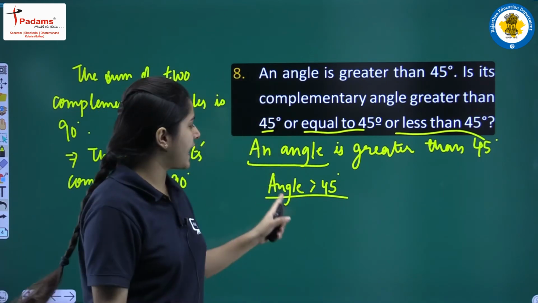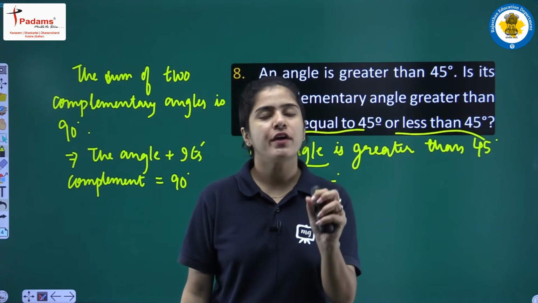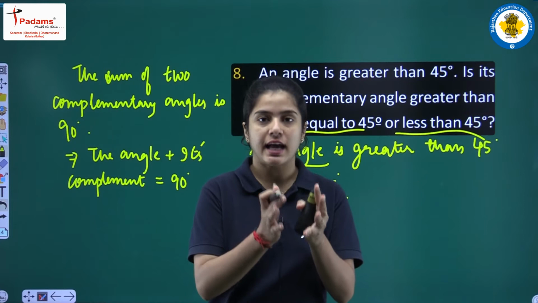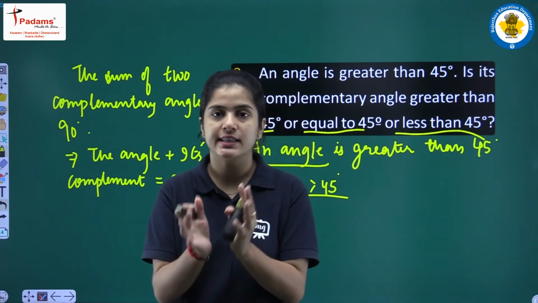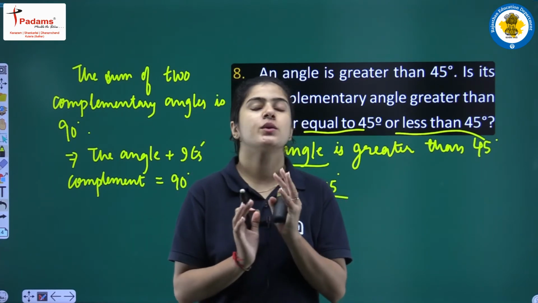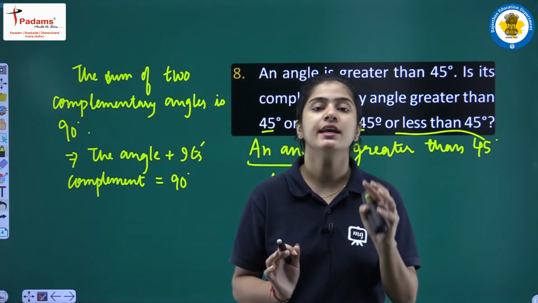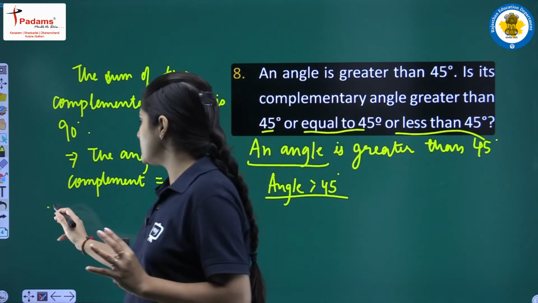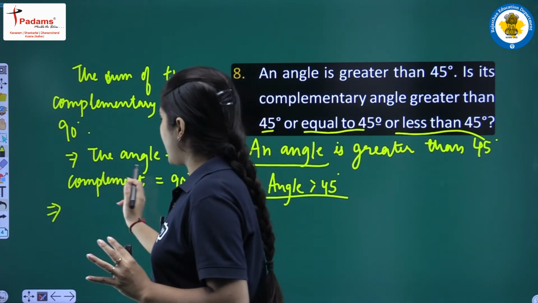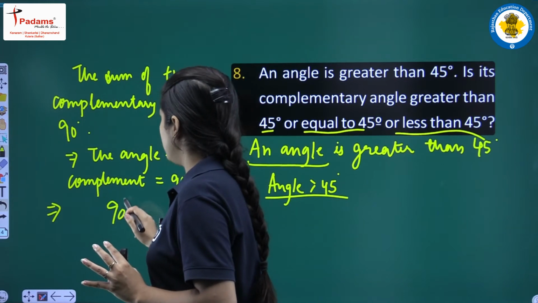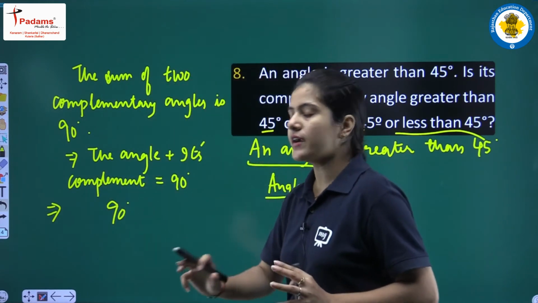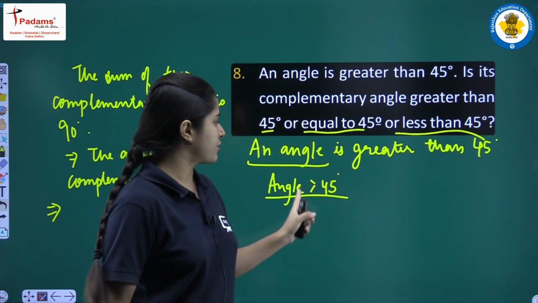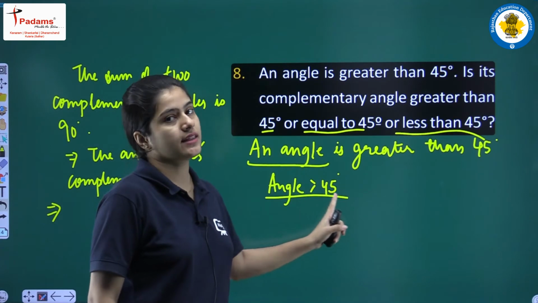Students, we are given that the angle is greater than 45 degrees. For example, if the angle is 46 degrees, then its complement will be 90 degrees minus 46 degrees, that will be 44 degrees, right? So it means that its complement will be less than 45 degrees. Okay, it is understood. We are given that the angle is greater than 45 degrees.